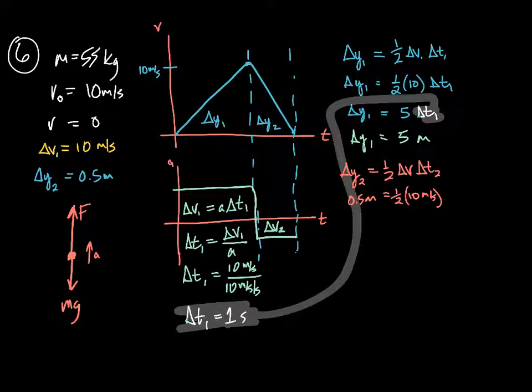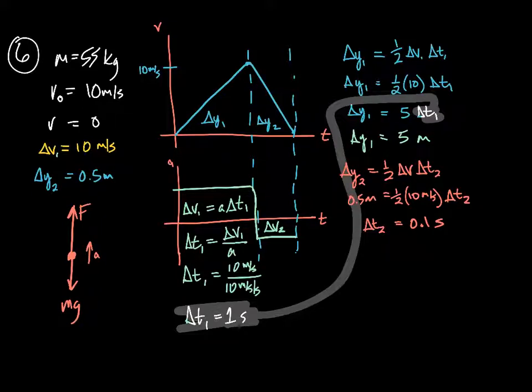All right, the height of that triangle is still 10. So delta t2, we would expect this to be much smaller, and it is. You basically are going to get 0.1 second out of this, 1/10 of a second. Obviously, it takes longer to fall from the bar to the mat than it does for the mat to stop the person. That's fast, really fast.